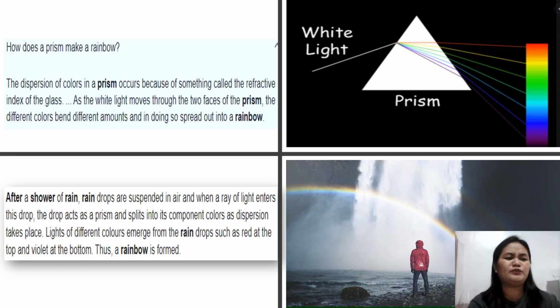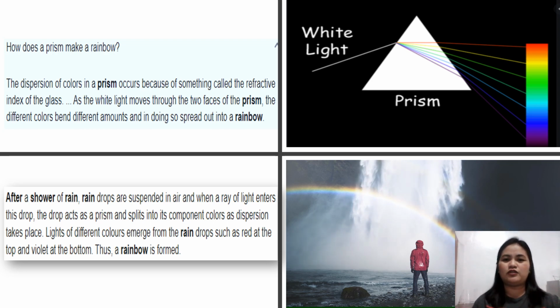Dyan sa kalawakan ba yun? Or dyan sa kalangitan. Dyan sa hangin, may raindrops, may water vapor. Kaya lumalabas yung bahaghari or rainbow.